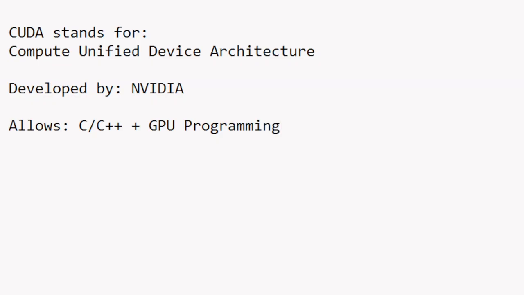Traditionally, C and C++ programs run on the CPU. With CUDA, we can keep the CPU code and add GPU code to accelerate computationally intensive tasks. So in simple terms, CUDA is equal to C, C++ programming plus GPU computing.